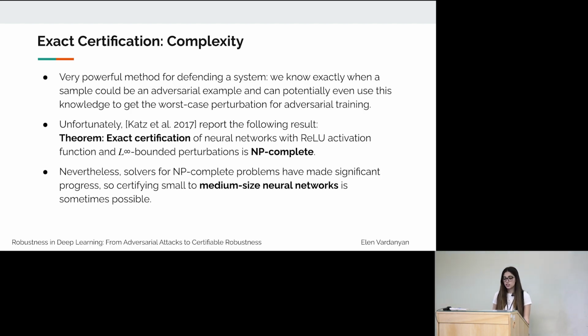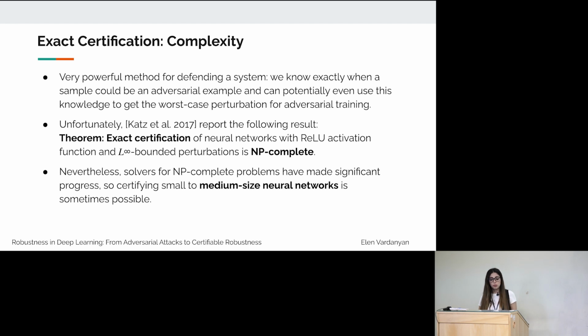This exact certification method, when we are able to achieve it, is a very powerful method, since we know exactly when there could be an adversarial example around a point, and we can also use this knowledge to get a bad perturbation and then use it in adversarial training.